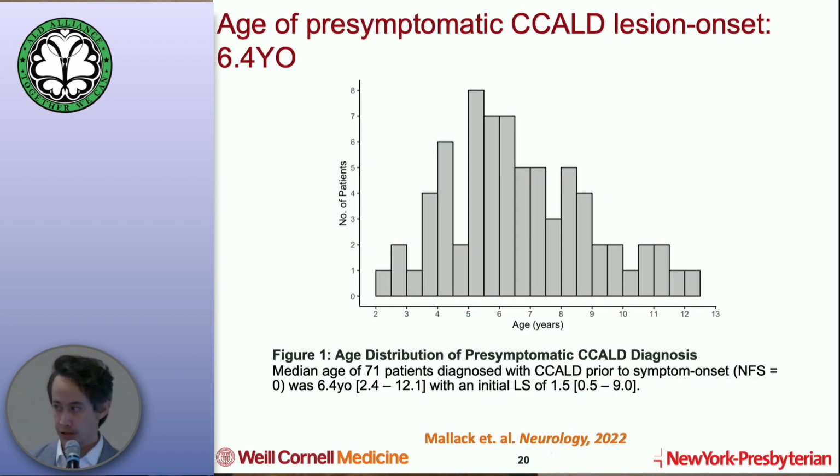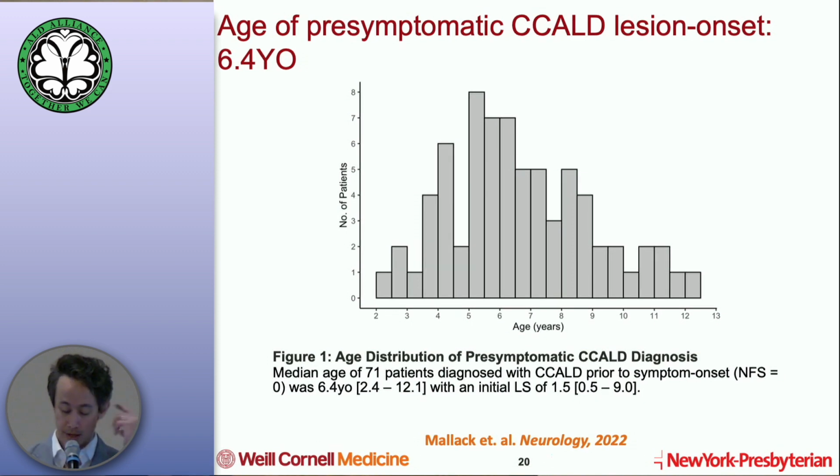So question number 1, the age of pre-symptomatic CCALD onset is 6.4 years old. That's the median. And if you compare that with what we found from the literature, which was mixed symptomatic and pre-symptomatic boys, this is 0.6 years earlier, so about half a year earlier.